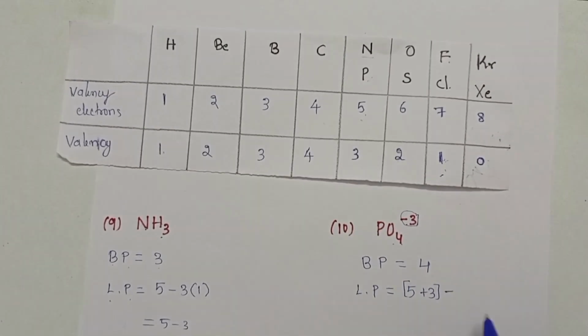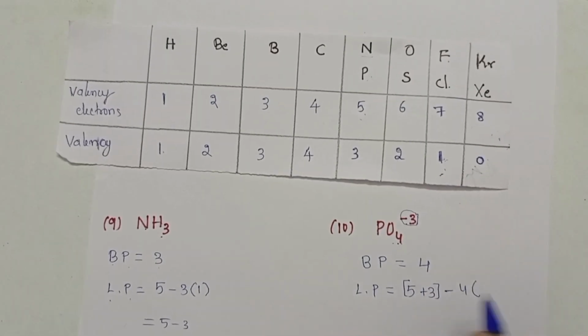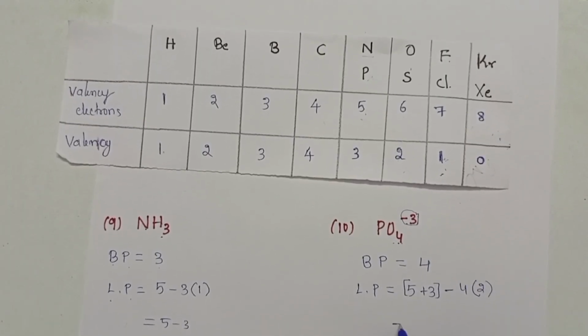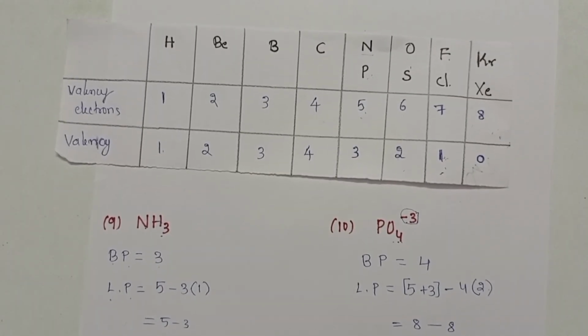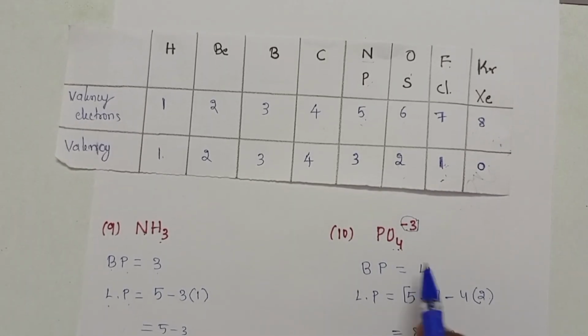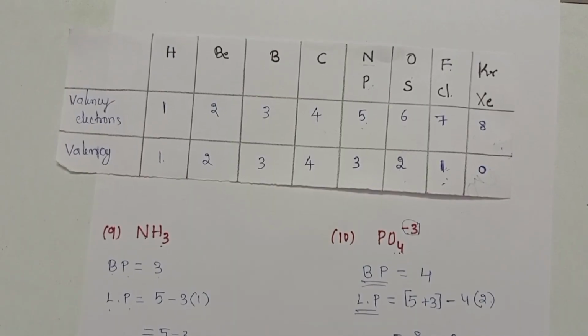Then minus the number of surrounded atoms, how many? 4, right? 4 into the valency of oxygen, how much? 2. Therefore here 5 plus 3 is equal to 8. 8 minus 4 into 2 is 8. Therefore 8 minus 8 is equal to 0, right? This is how we can find out the number of bond pair electrons and the number of lone pair electrons.